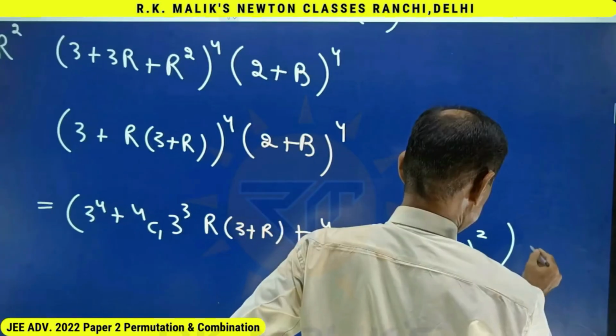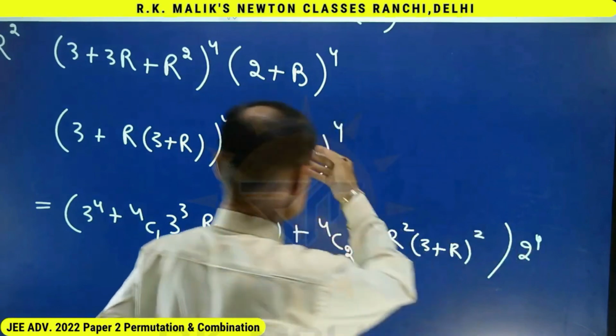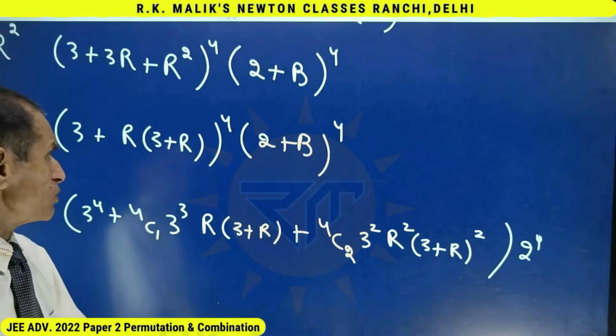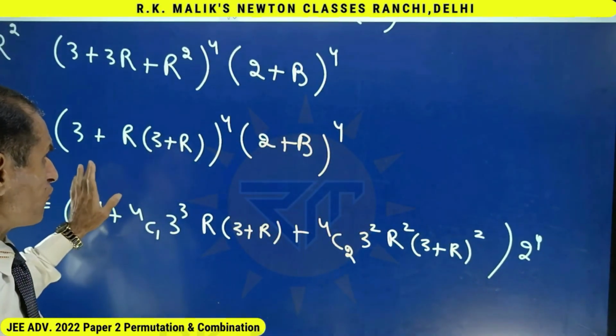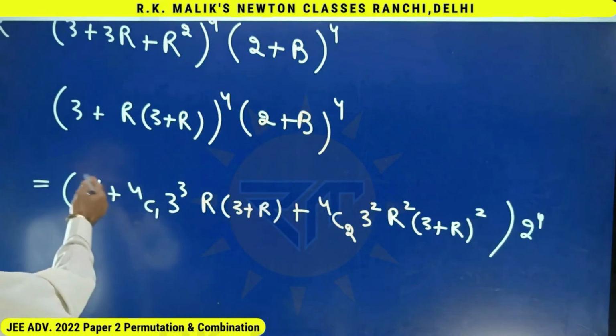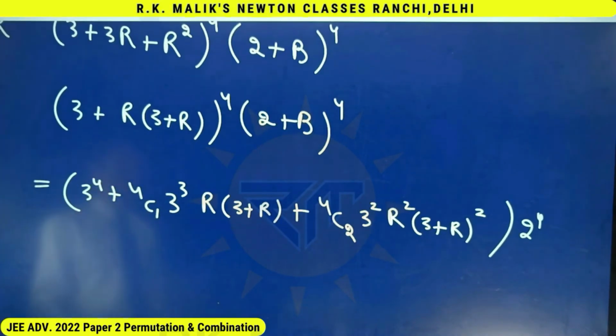And here I will be writing only 2 to the power 4 because b is of no use to us. I have to find just the coefficient of r square. Even this is also useless.